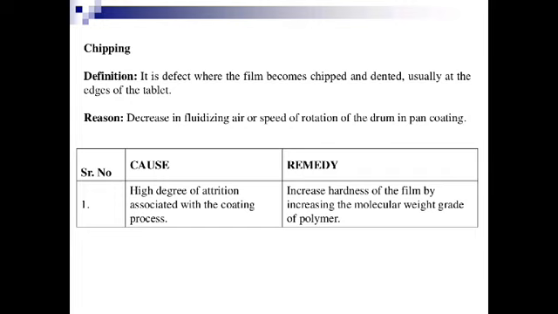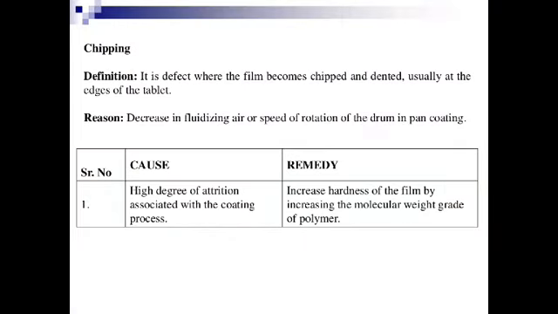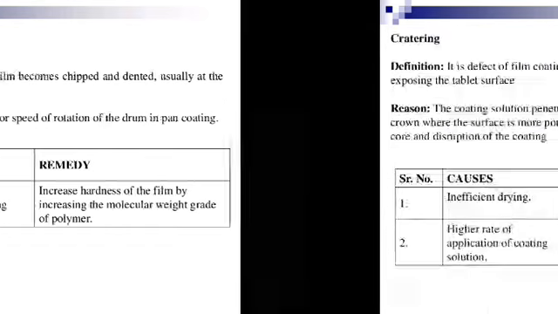Then you have chipping, similar to a chip on the coated tablet, usually at the edges of the tablet. It is also because of a decrease in the fluid air, or the speed of the drum is not proper. That can also be corrected by increasing the hardness of the film, by increasing the molecular weight or choosing a polymer having high viscosity.